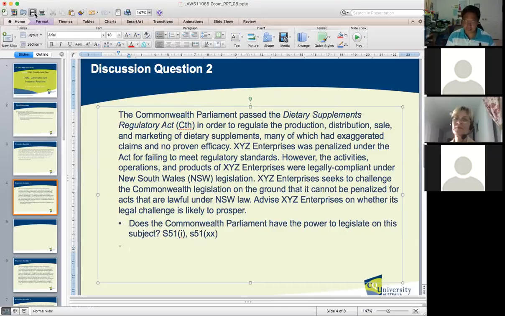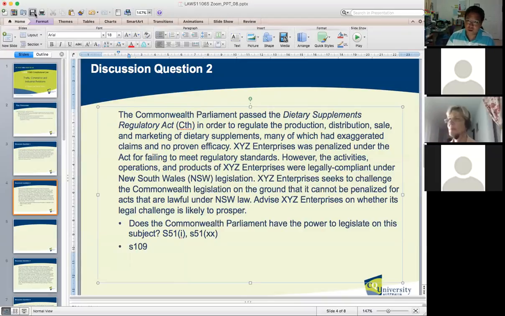Okay, and what's your basis for saying that, Robert? I believe it was section 109. I was looking for it, but Janet beat me to it. Very good. So if we look at section 109 of the Australian Constitution, in the event that there is a conflict between Commonwealth legislation and state legislation, and the assumption that the Commonwealth Parliament can in fact validly legislate on the subject, then the Commonwealth legislation will prevail.